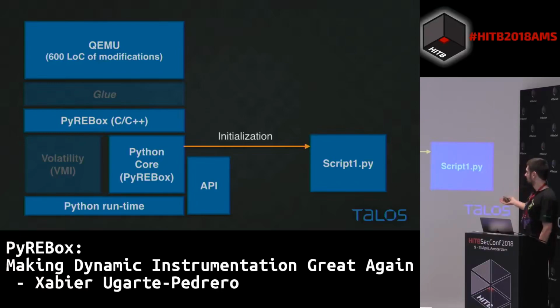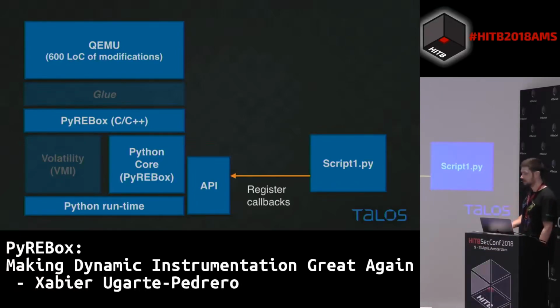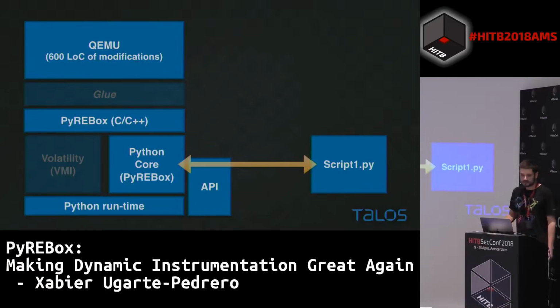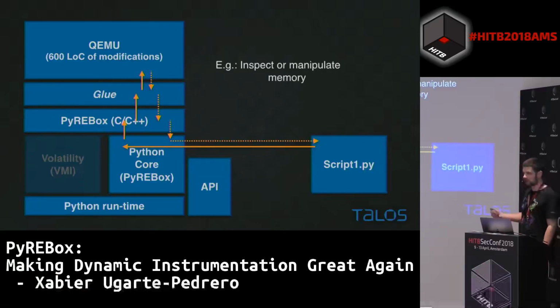Then the script can register callbacks. The script is bound, and it will be able to receive callbacks from the system and to perform different introspection operations. These operations will go through the Python API, and the Python API will first ask the C++ component in order to serve the operation.